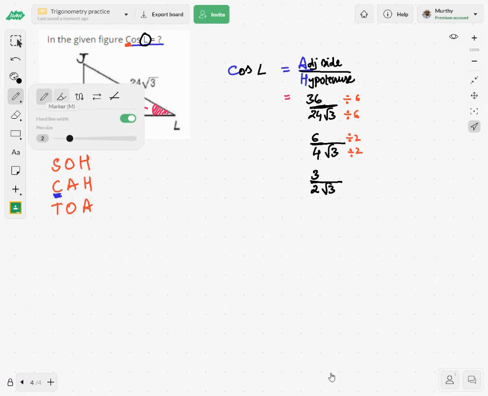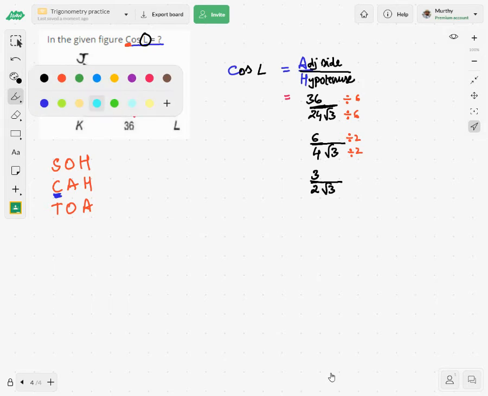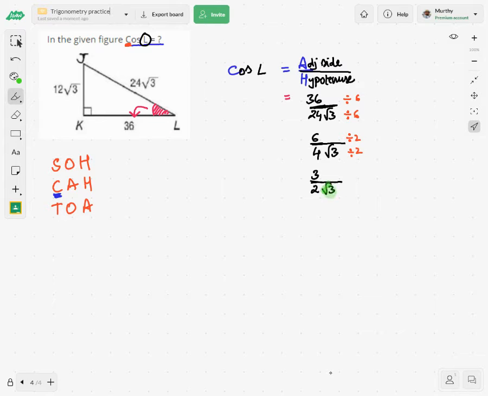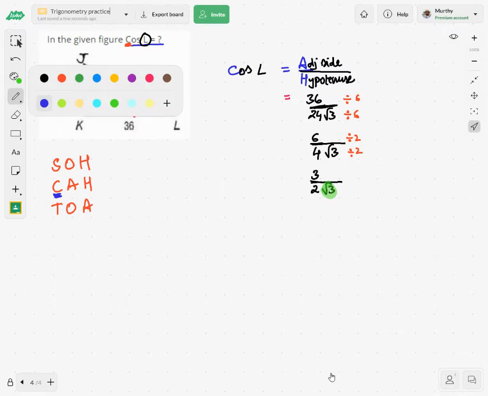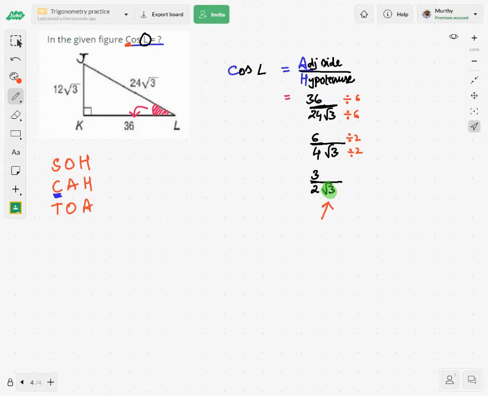But an important thing is you should not leave an answer with a radical sign in the denominator. Radical sign means nothing but the square root. So in such a case, whatever number is under the radical sign, you have to multiply the numerator and denominator by the same value.